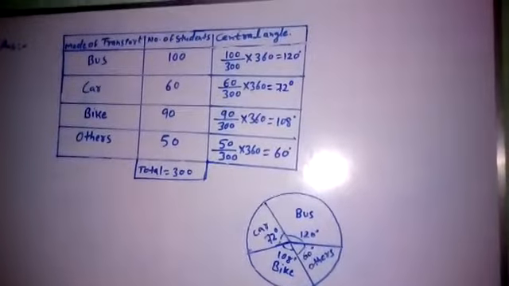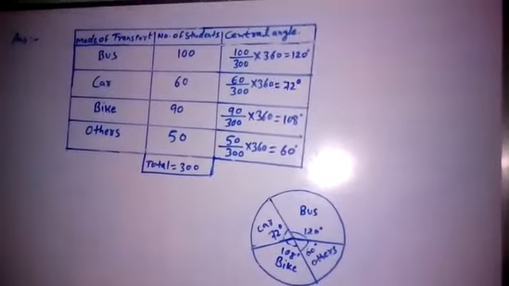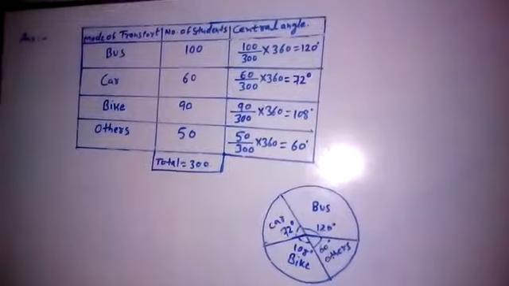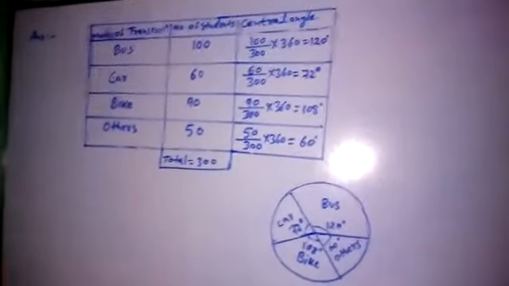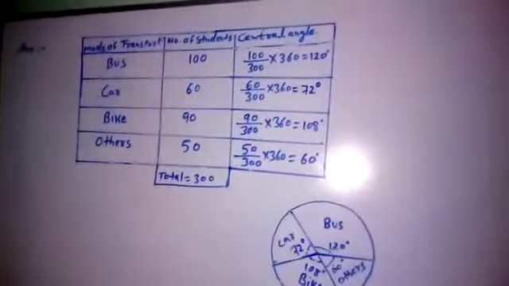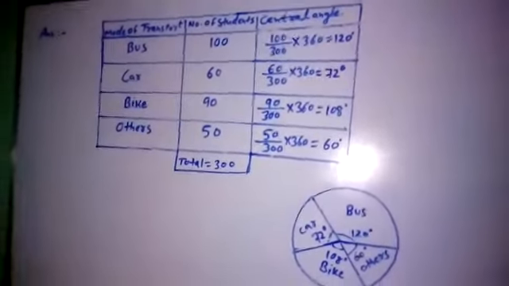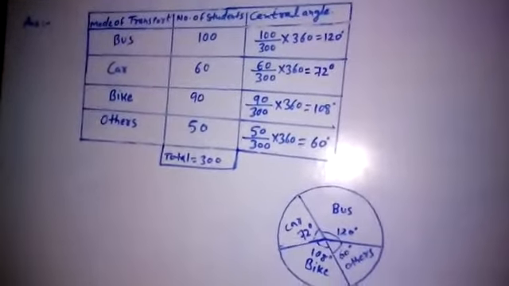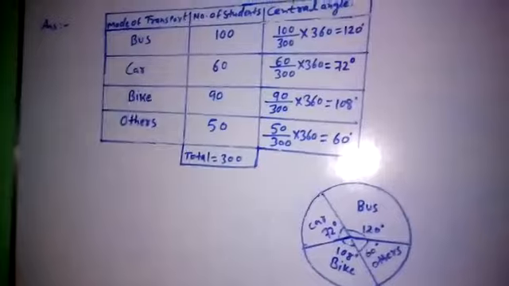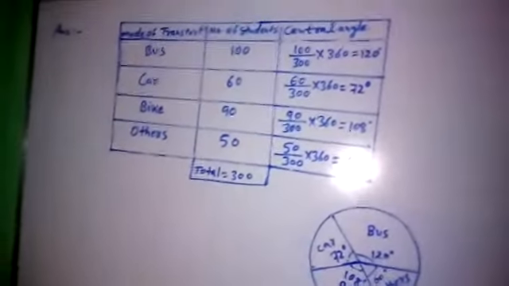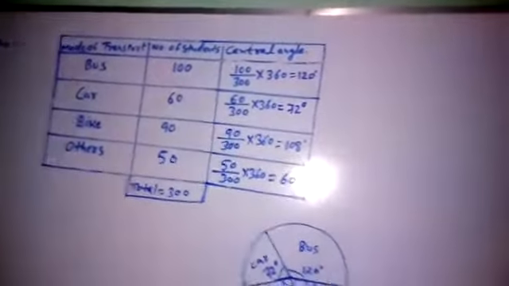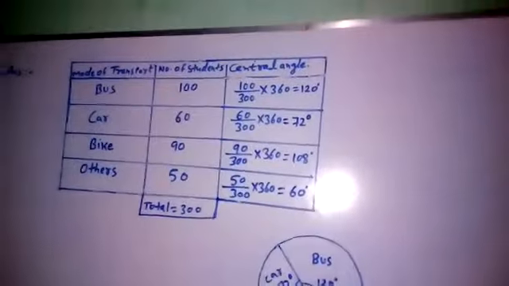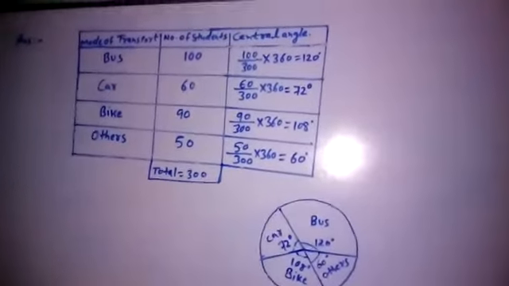So whenever data is given for a pie chart, first of all we calculate the central angle. How? Total is on the downside and the particular information of the data is on the upper side, and just multiply by 360. Understood?